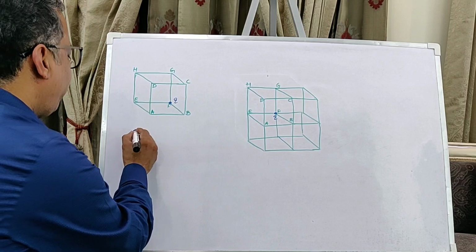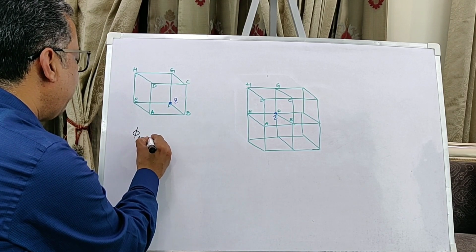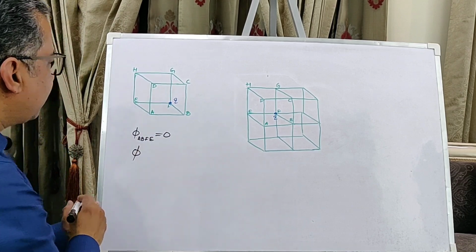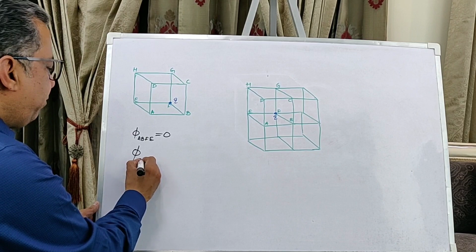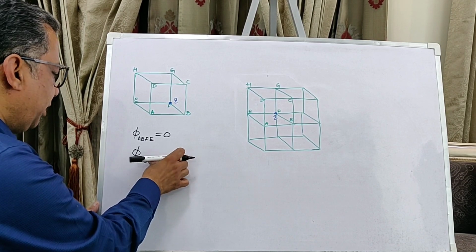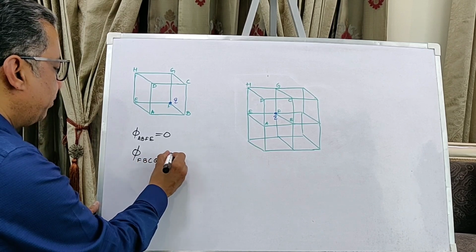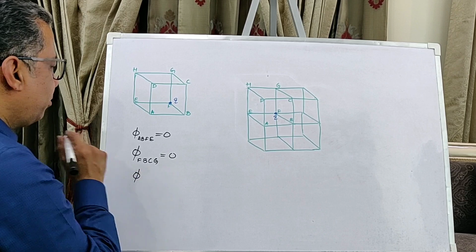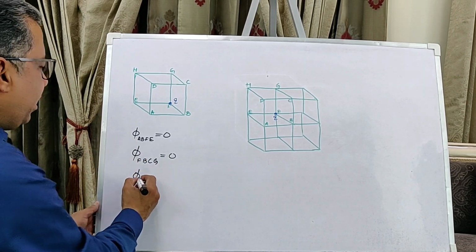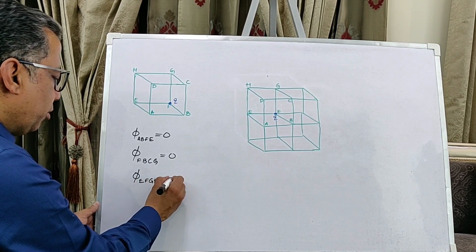So flux through surface ABFE is 0, flux through surface FBCG is 0, and the flux through EFGH is also 0.